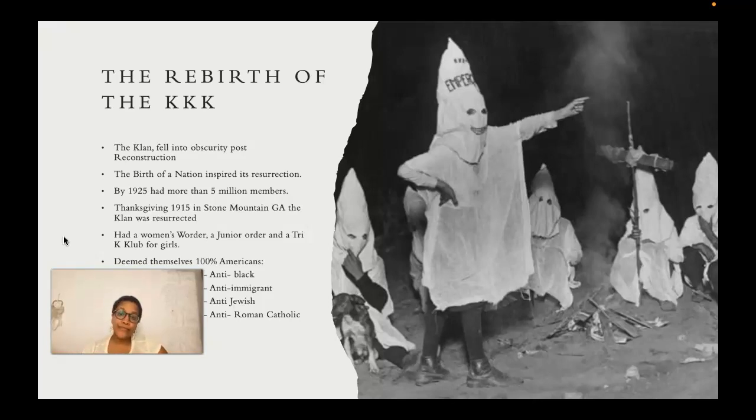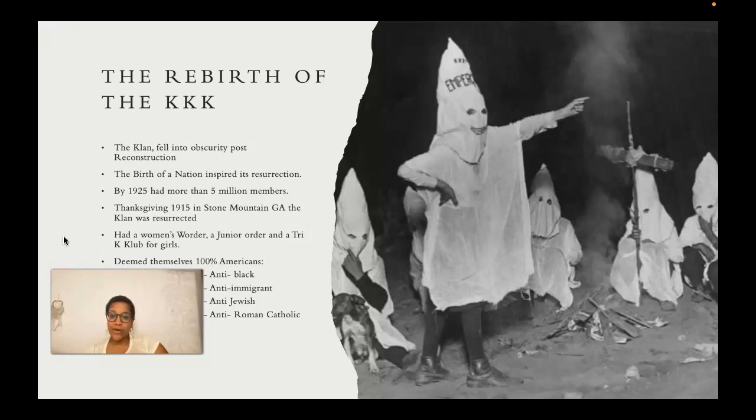And so Thanksgiving of 1915 in Stone Mountain, Georgia, the Klan was resurrected. By 1925, they had more than 5 million members. So in a 10-year span, they got 5 million people.